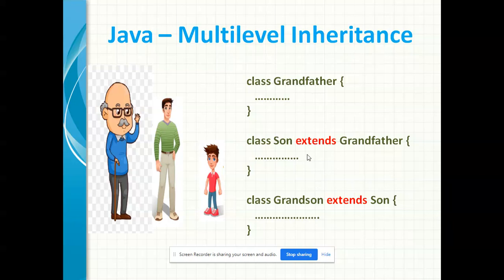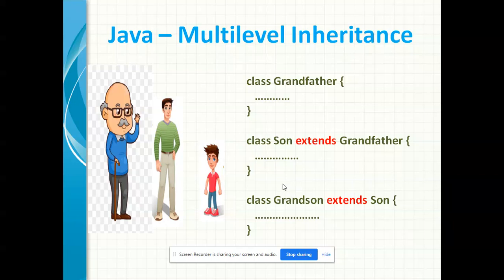But in case of multi-level inheritance, one superclass will have one subclass, and again the subclass will have another subclass, and it may continue. This kind of inheritance is called multi-level inheritance.